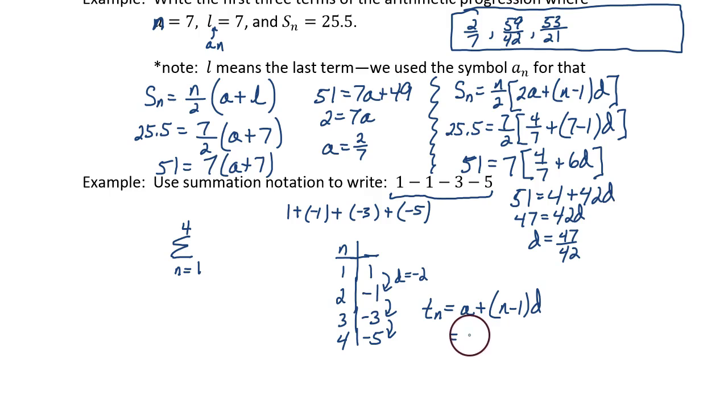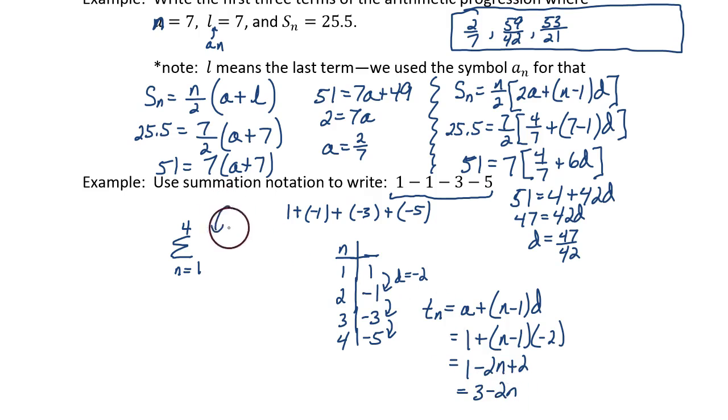Our first term is 1, and our value of d is -2. Let's simplify this. This makes 1 minus 2n plus 2, which is 3 minus 2n. That's our general term, and that's what goes on the side of the sigma notation. Here is our answer to this example problem.